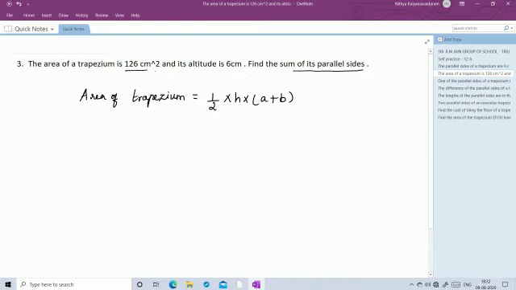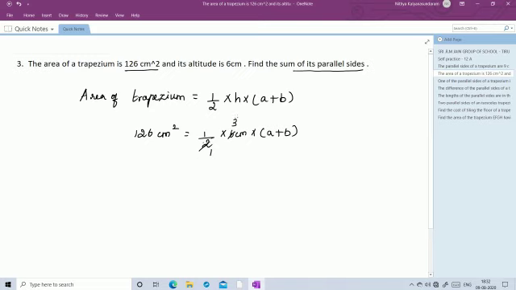So area is already given, 126 centimeter square. It is equal to half into altitude, that is its height. Another name of height is called altitude. So it's 6 centimeter. So the sum of the parallel sides only we are going to calculate. So write as it is a plus b. 2 ones are 2, 2 threes are 6. If possible to cancel, cancel.